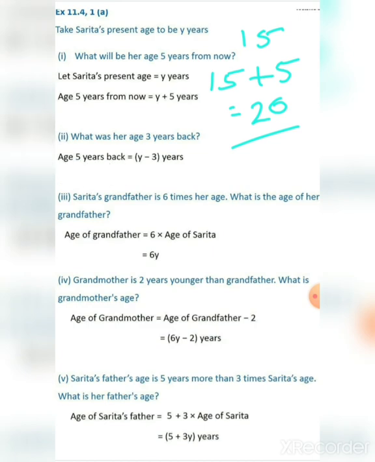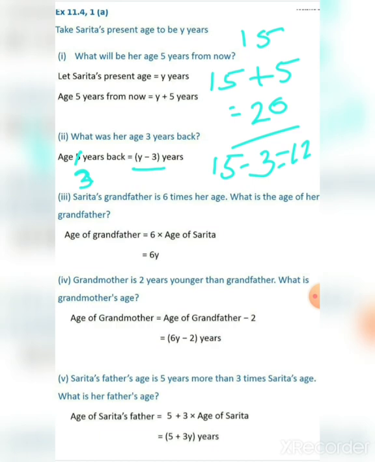By mistake it is written 5. Sorry. Age 3 years back will be Y minus 3 years. Understood? Suppose it is 15 years now. So 3 years back means 15 minus 3, that will be 12 years.